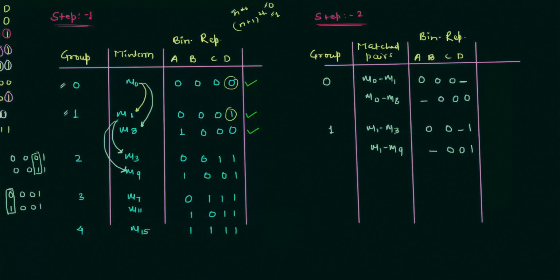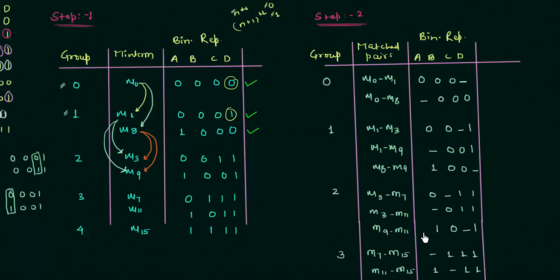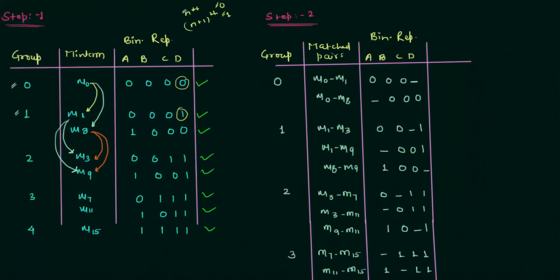In the same way, we are going to compare M8 with M3, M8 with M9. I'm not going to do this. Fill this table by yourself, and then we will move to step number 3. I hope you have the same table in your notebook, and don't forget to put the tick mark in front of the minterms that are involved in the matched pairs. So this is step number 2, and now we can move to step number 3.